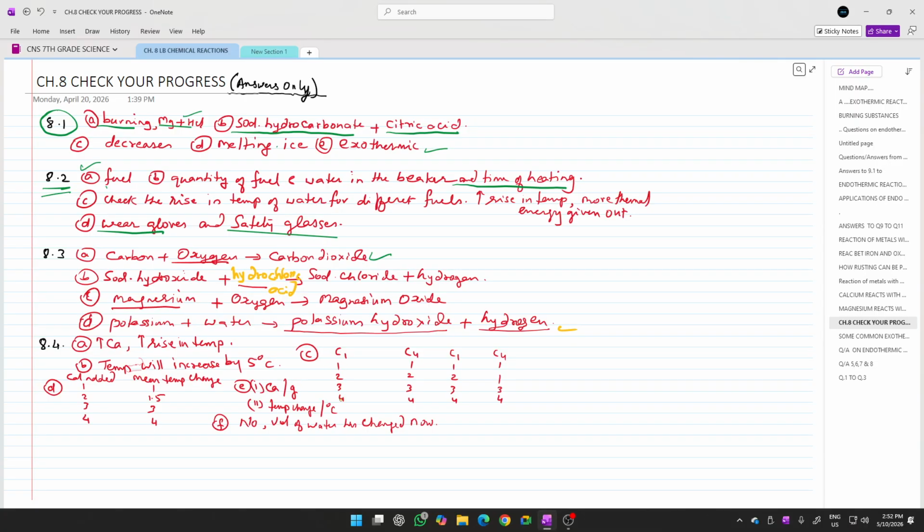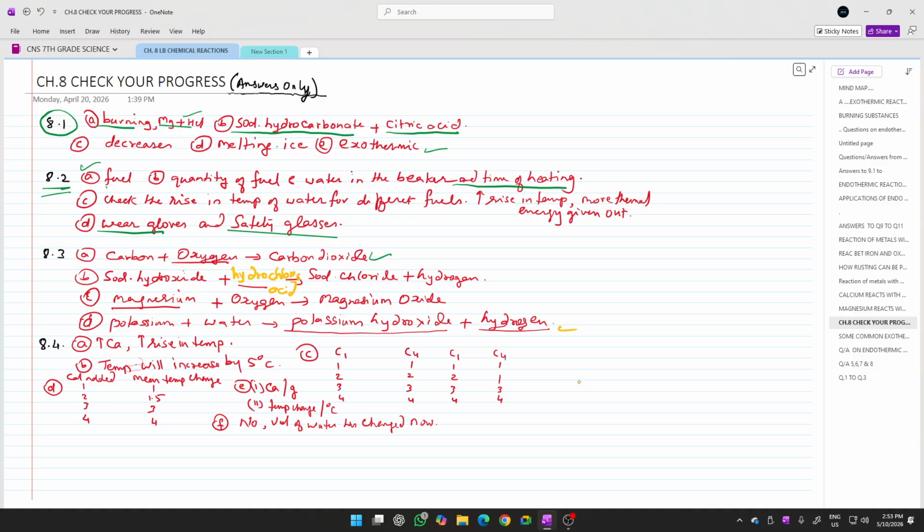Calcium added, and the start temperature is given as 19, 19, 19, 19, and the final temperature is given as 20, 21, 22, 23. This is Zara's table. You can find the temperature rise from the table itself. It will be 1, 2, 3, 4. Okay, so that is the table for Zara.